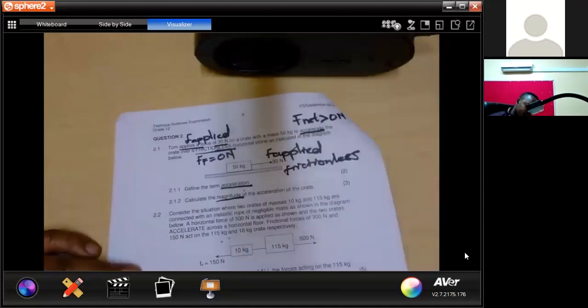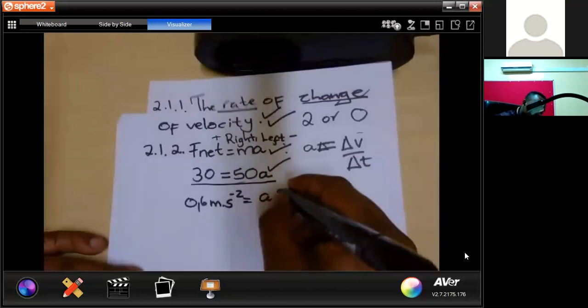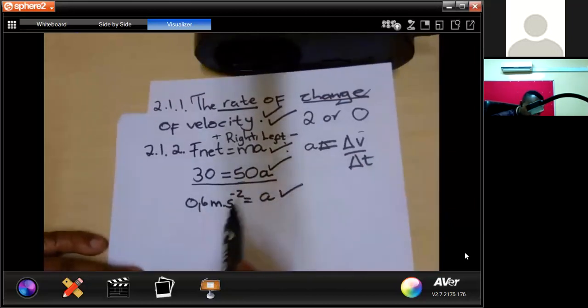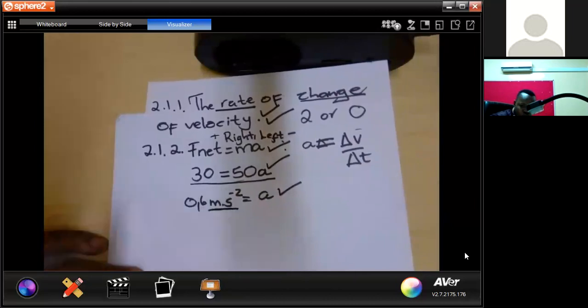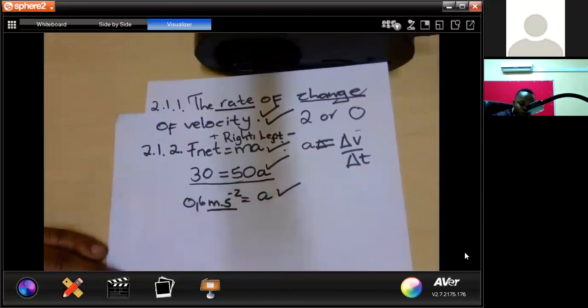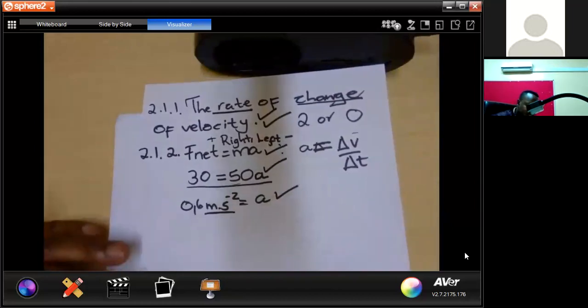The last mark is for the acceleration. But remember, if you don't put a unit, then that answer is not going to get a mark altogether, and that unit must be correct.